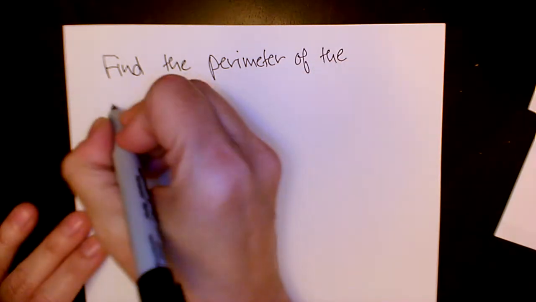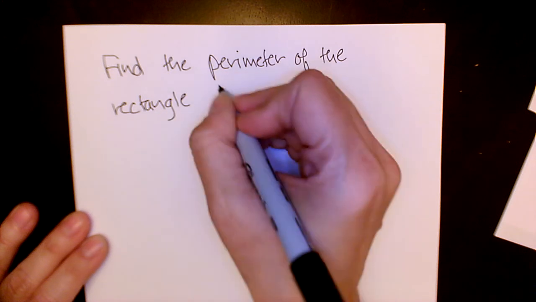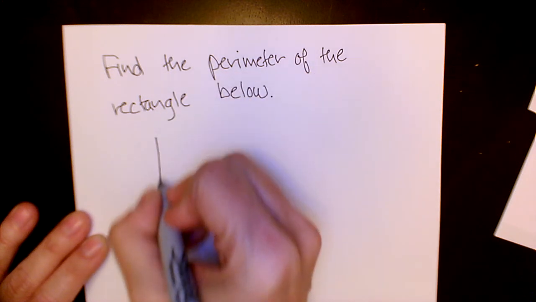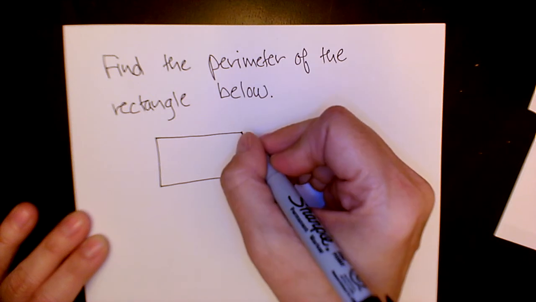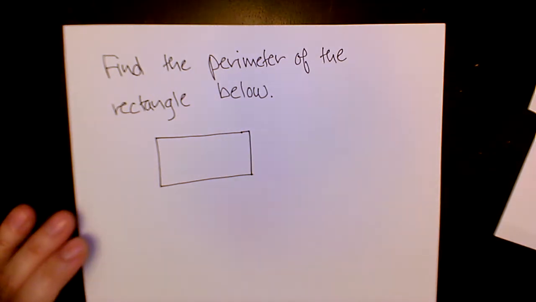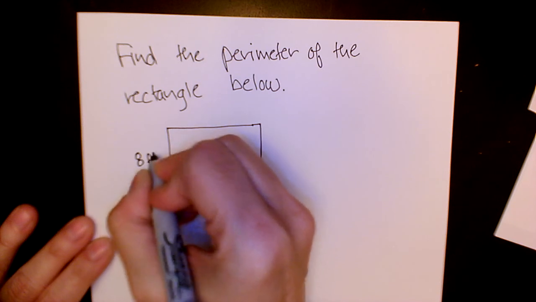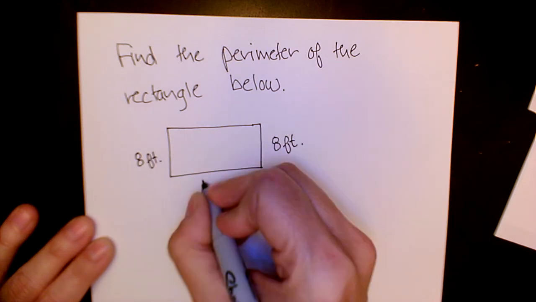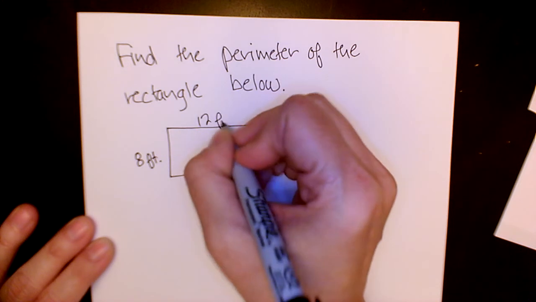Let's find the perimeter of a rectangle now. Okay, so let's say this is 8 feet, and 12 feet across.